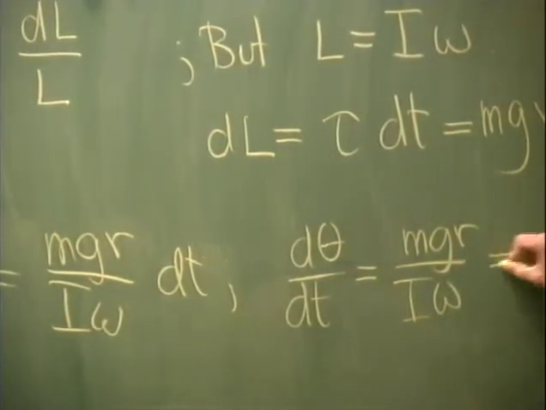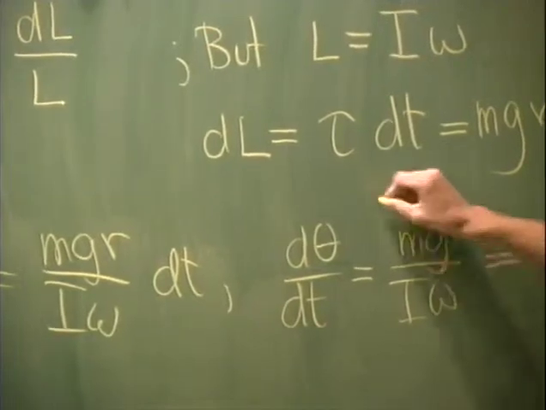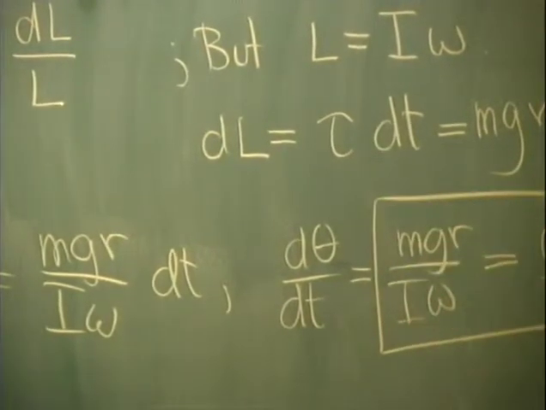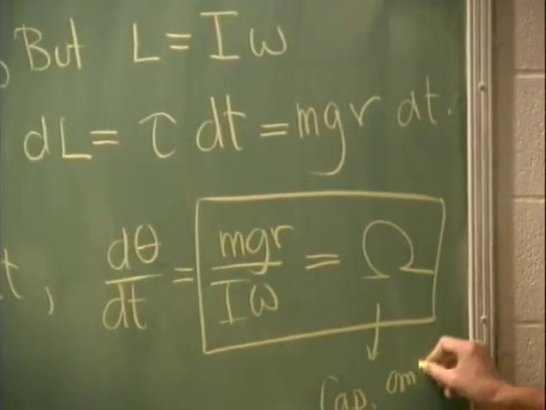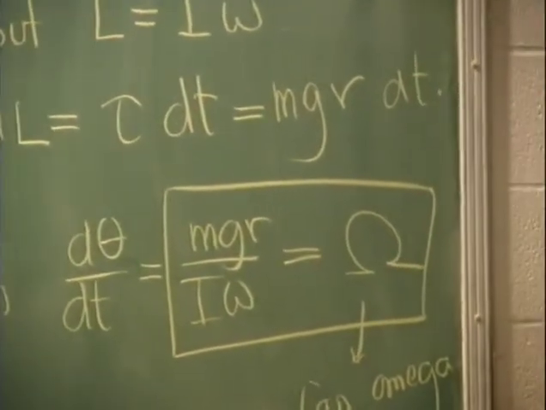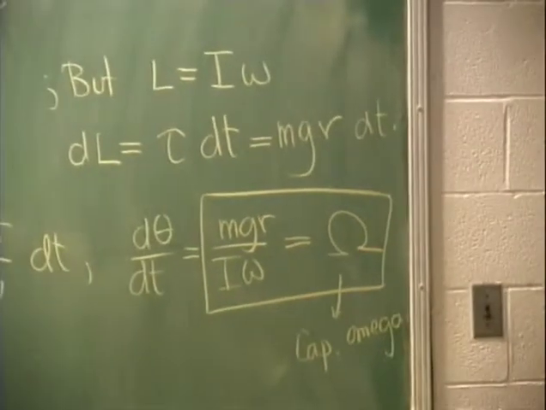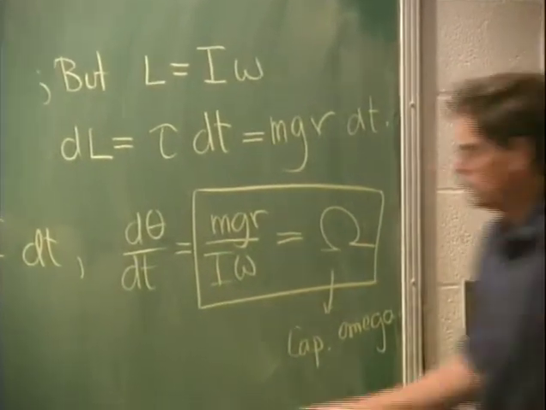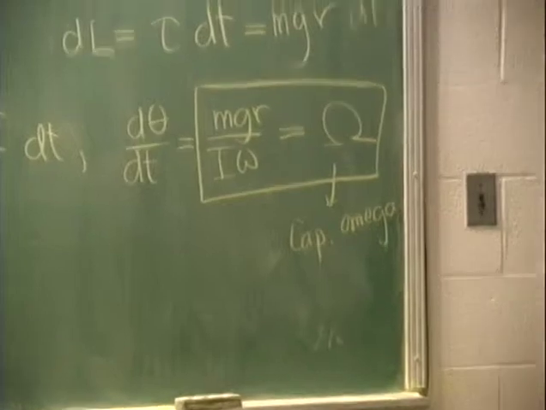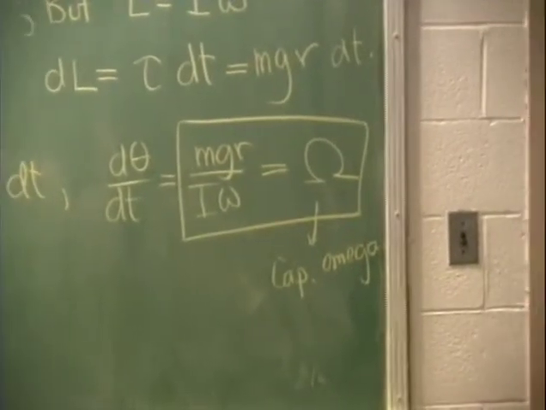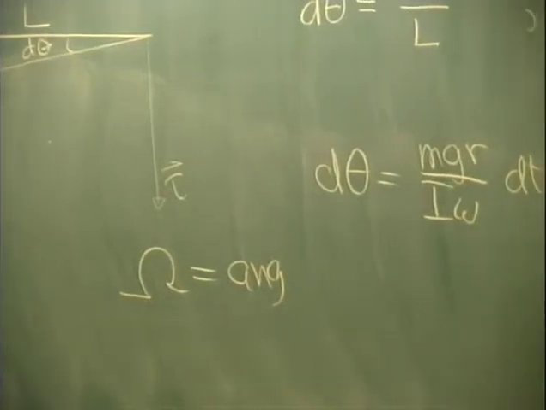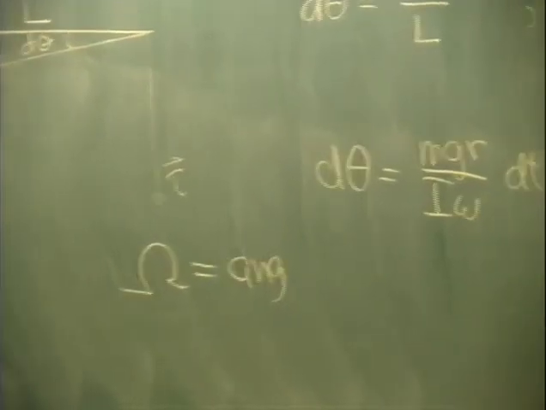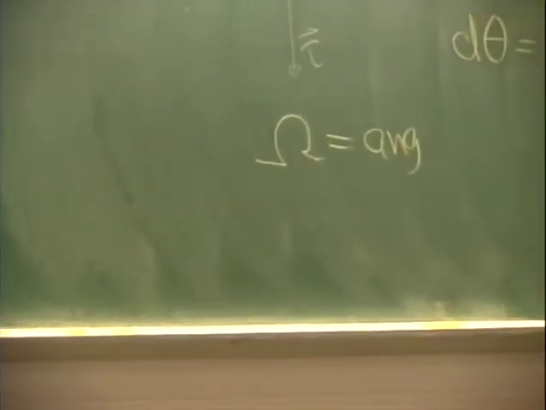This is the precessional angular velocity. We call it capital omega. It's the angular velocity of the precessional motion, the rate of change of the angle that the angular momentum makes with some fixed axis.